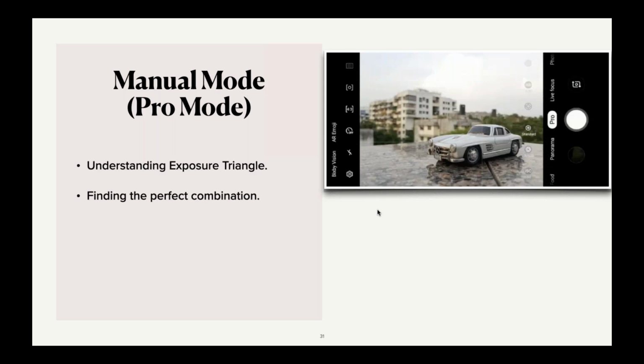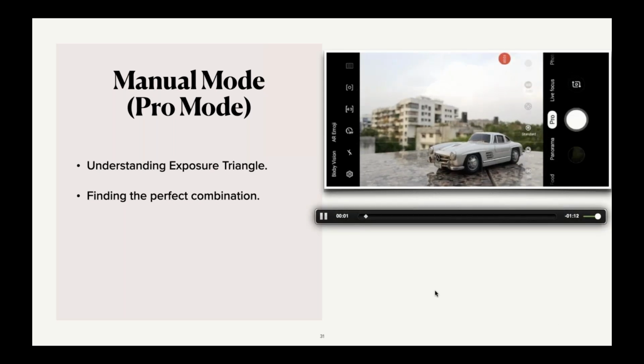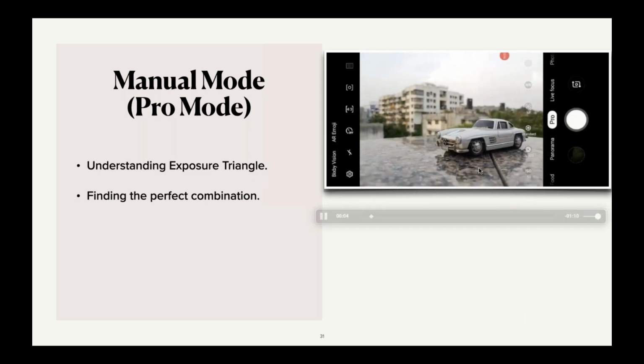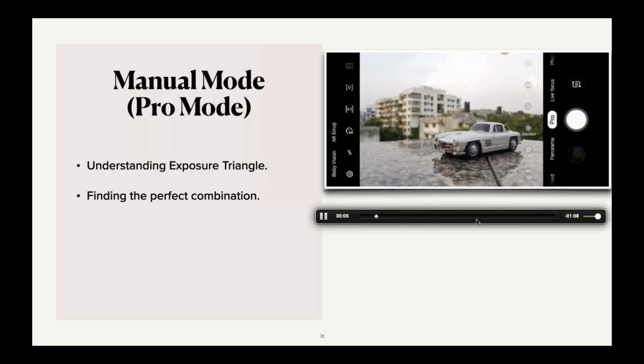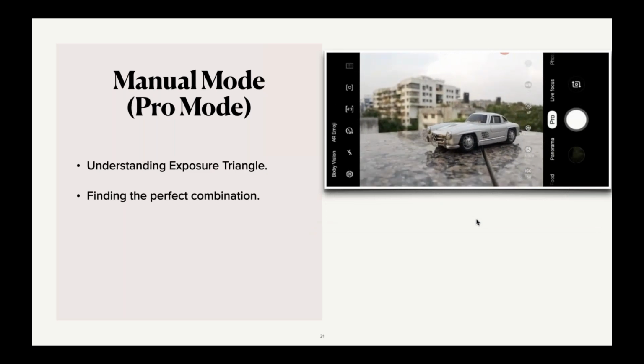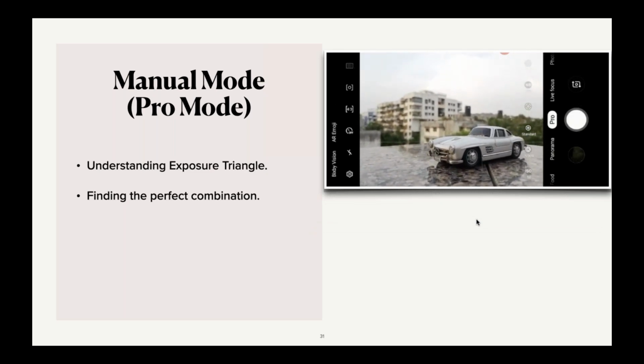So yeah, the Apple phones and the Google phones don't have this feature, so that's one thing. But most of the phones have. So this is one video where I've just explained how the different concepts work.